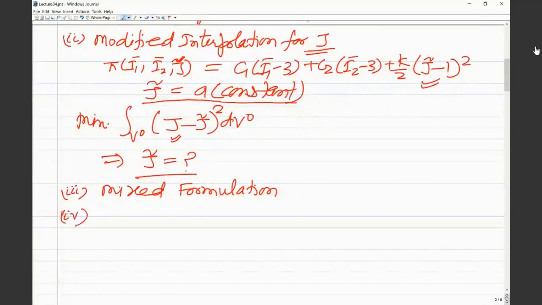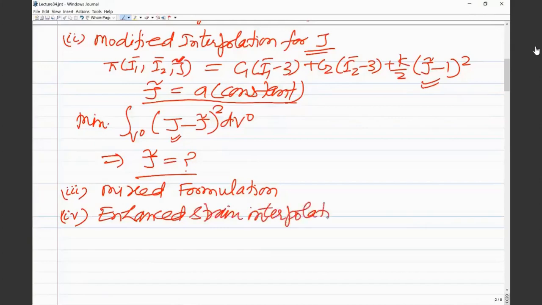And then the fourth is sometimes what is known as the enhanced strain interpolation. This also somewhat involves mixed interpolation, but for J we will have a different kind of interpolation. It is somewhat similar to the modified interpolation I was talking about.